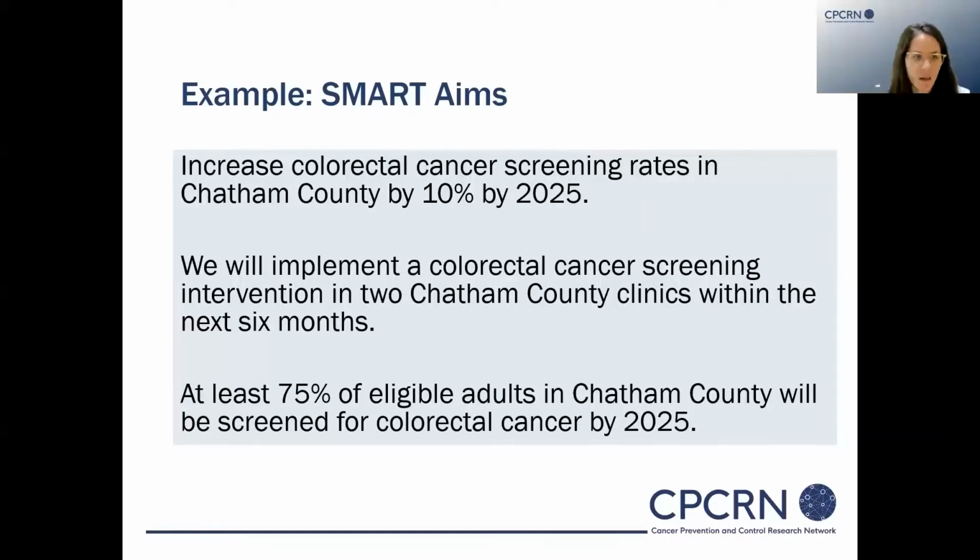And the last example, at least 75% of eligible adults in Chatham County will be screened for colorectal cancer by 2025. So it's really important to have specific measurable goals to guide what you'll do once you start looking for your interventions, which is what we're going to cover in the next session.